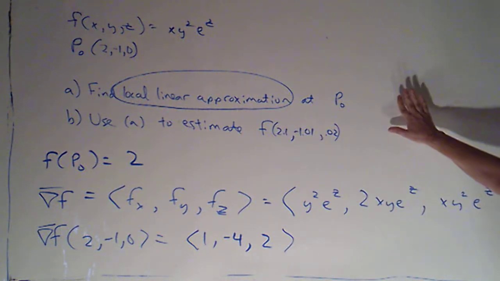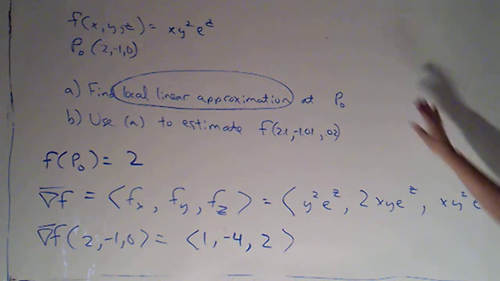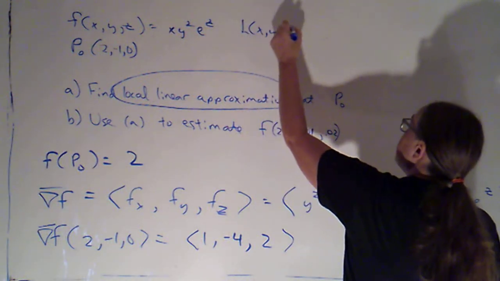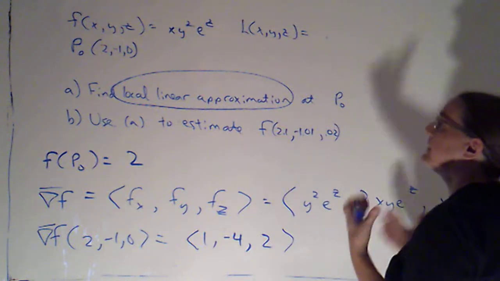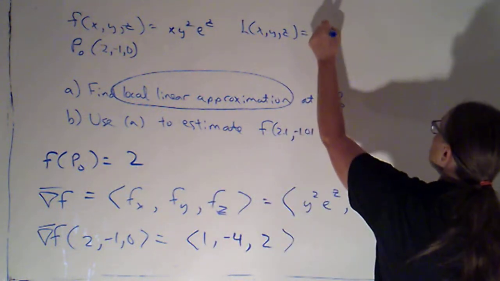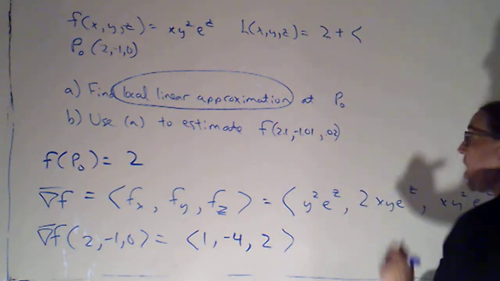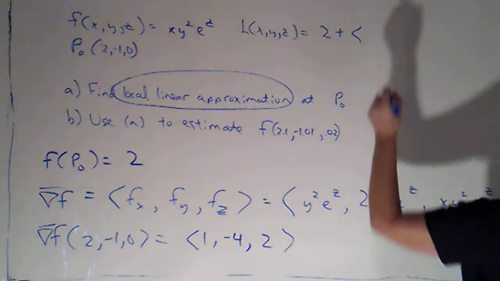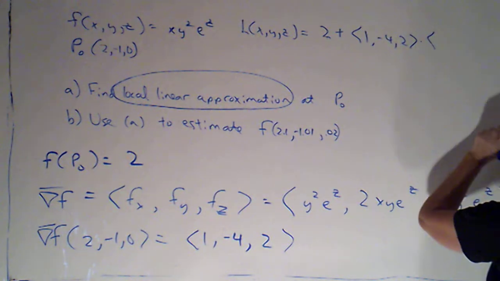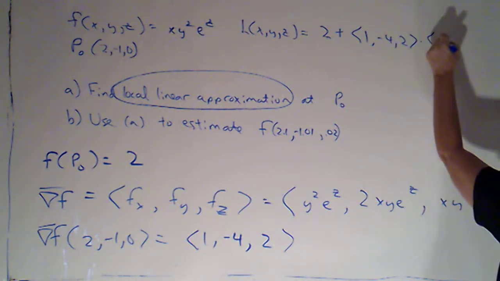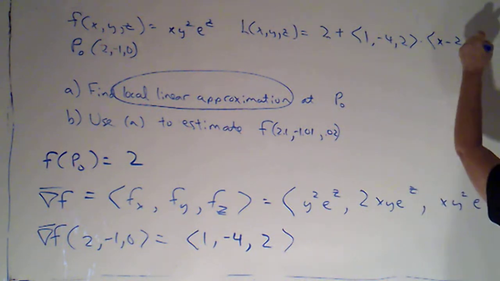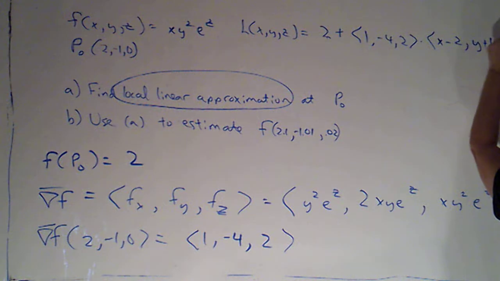Fabulous. So now I can put together my local linear approximation. That's going to be L of x, y, z will equal the w value at our point of tangency, which was 2, plus our gradient at the point of tangency, which was (1, -4, 2), dotted with the change vector. So that would be (x - 2, y + 1, z).